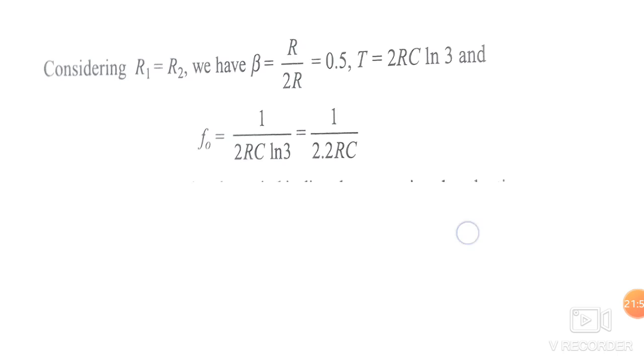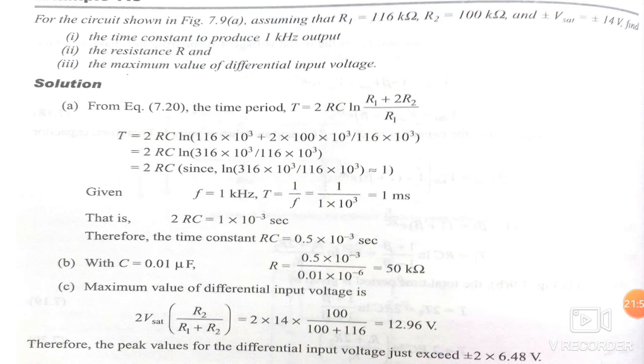The feedback value is given by beta times Vsat, that is R2 upon R1 plus R2 into Vsat.